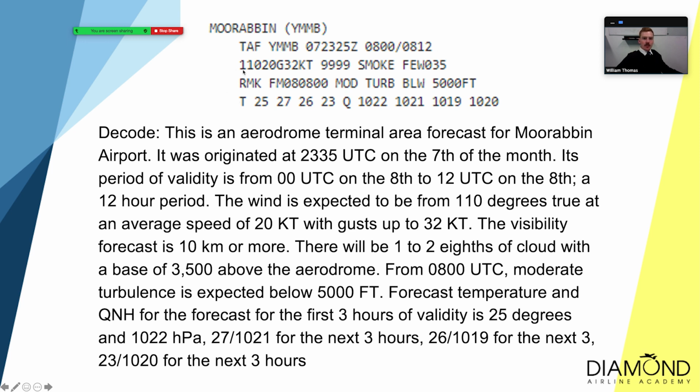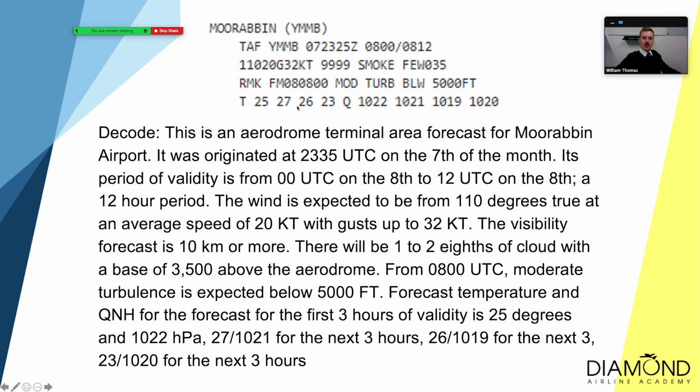Wind coming from 110 degrees true 20 knots, gusts up to 32 knots. Visibility greater than 10 kilometers. Smoke, few cloud 3,500 feet. Remarks. From the 8th day of the month at 1800 Zulu, moderate turbulence below 5,000.